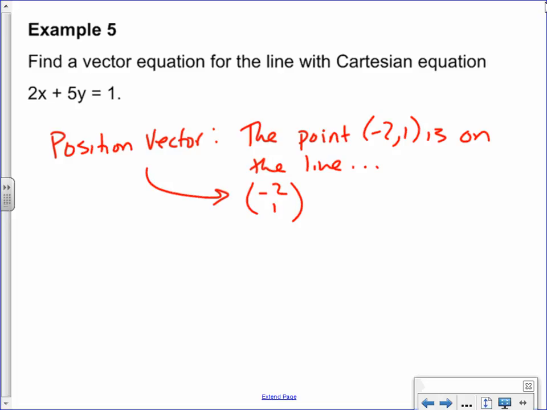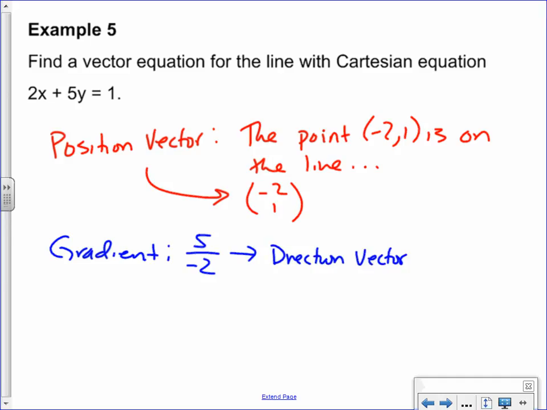Yes, very good. The gradient, well, we totally could have. The gradient is 5 over -2. True? Because y equals mx plus b, you would just solve for y, and so on. Therefore, the direction vector is going to be 5.